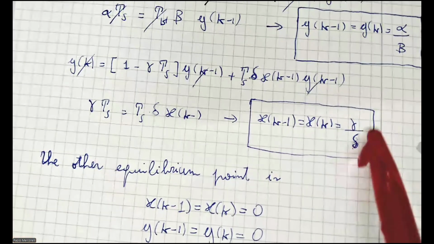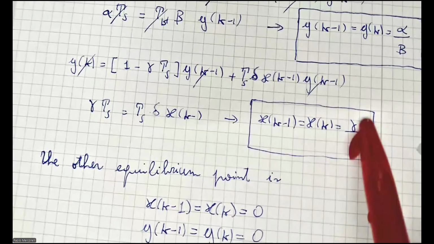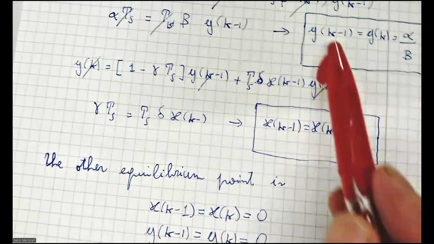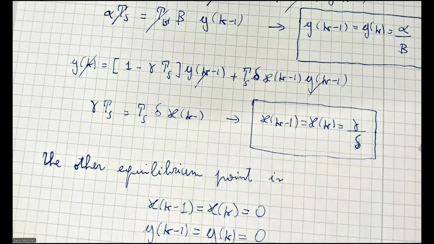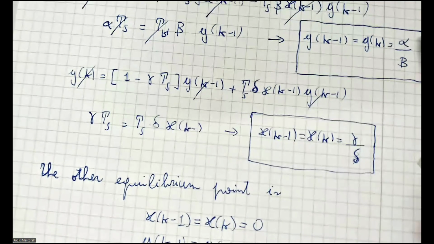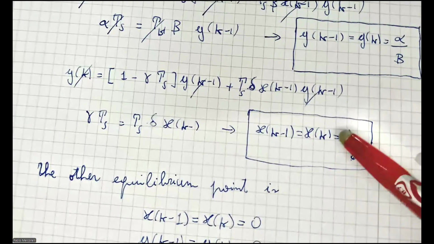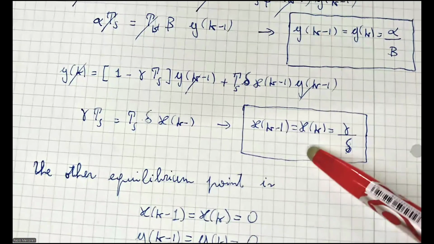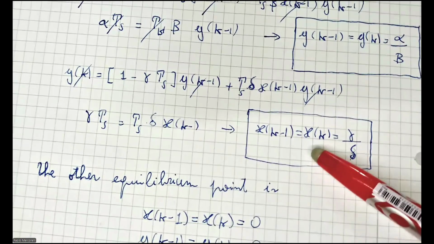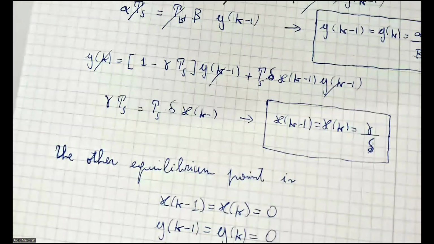This means if x equals this value and y equals this value, we have an ecosystem which is basically in equilibrium. I don't risk that the prey will go extinct, and I don't risk that the predator will go extinct. This means to control around these two values, the number of predators and number of prey, is extremely easy, easier than to control far away.